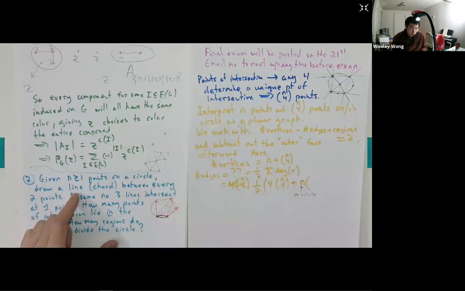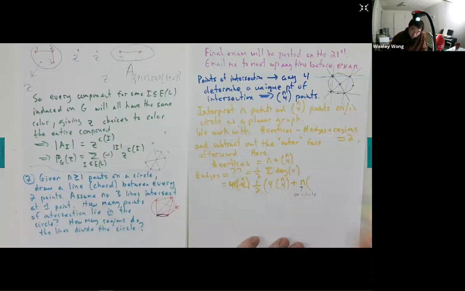And now I'm drawing a line between every 2 points that I see on the circle. So therefore, for each vertex, it joins to n minus 1 of them. So I have n minus 1 edges coming out.